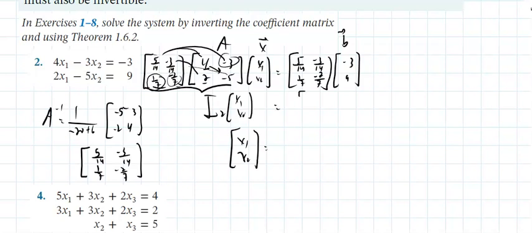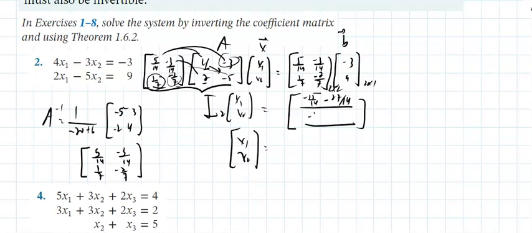But here, I'm going to multiply those out. This is 2 by 2, and this is 2 by 1, so I'm going to get a 2 by 1. Let me make a bit more space. I'm going to get negative 15 over 14 minus 27 over 14.